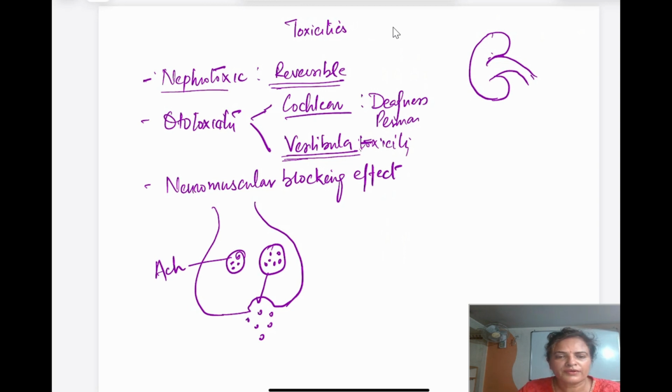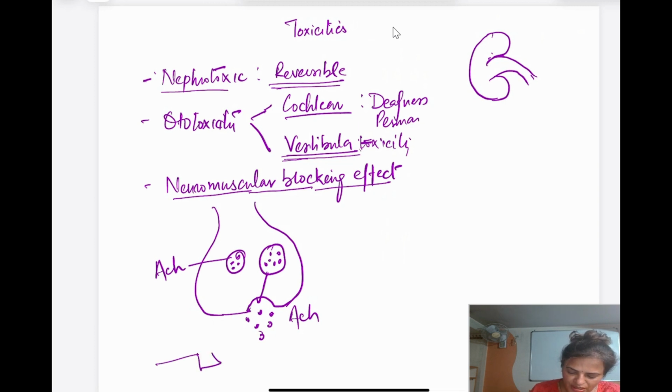And if you give the aminoglycoside, this fusion is going to be blocked, so there will be no release of acetylcholine. This is how it causes the neuromuscular blocking effect, so they won't be able to bind further with the receptor.